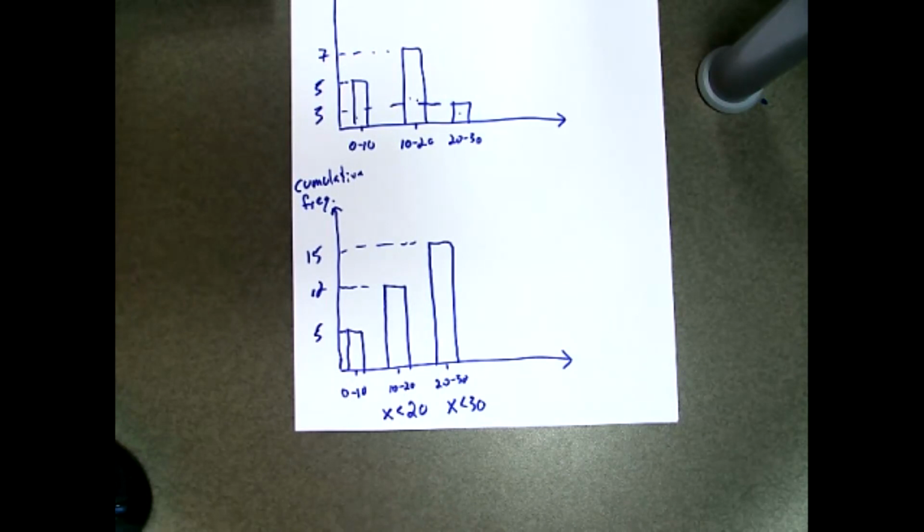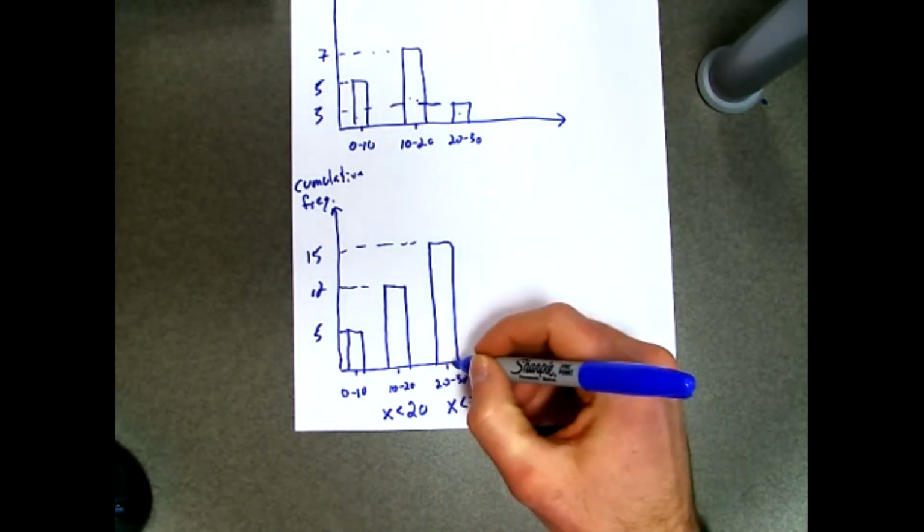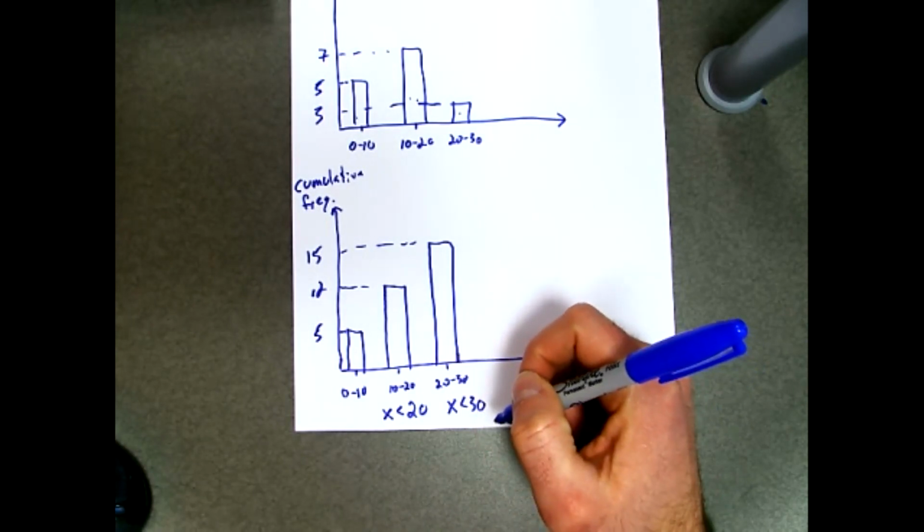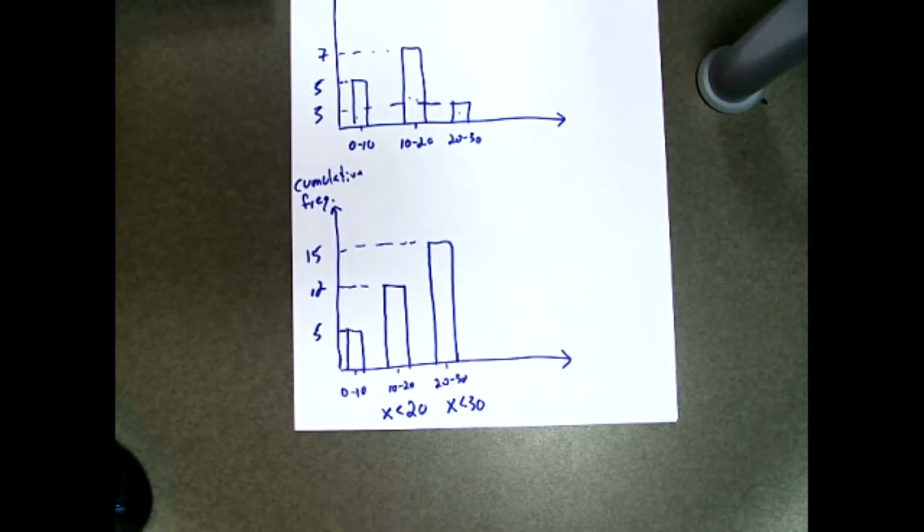So the total number of observations will be the cumulative frequency for that very last bin, which means my cumulative percent frequency for that last bin should be what? If it's every single observation, cumulative percent frequency would be 100%, right?